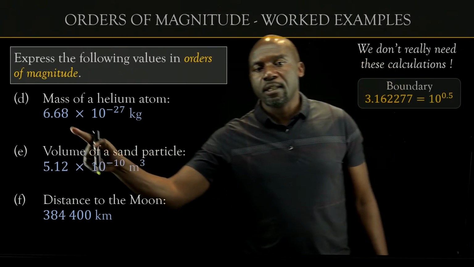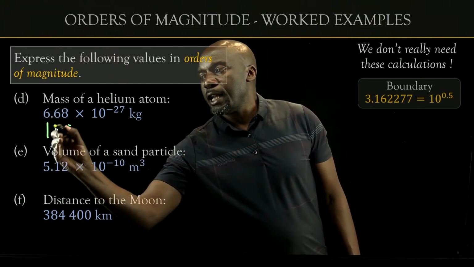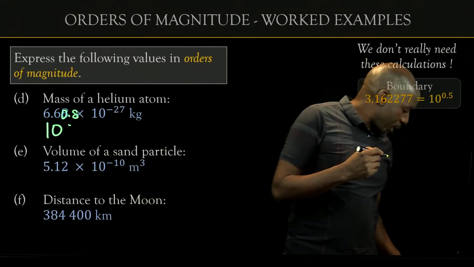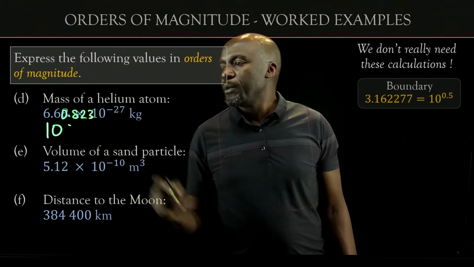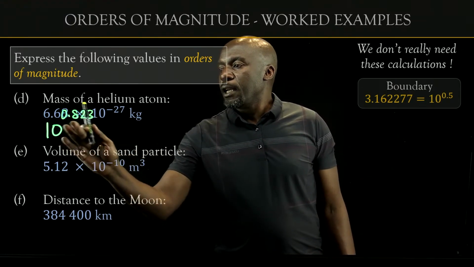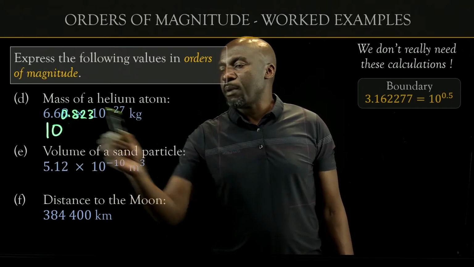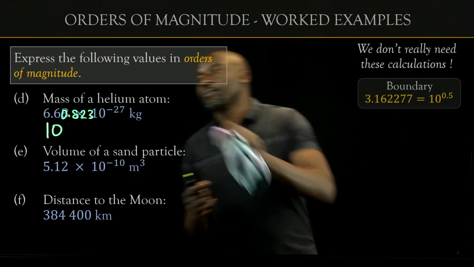0.824, it means that this thing here is going to be 10 to the power of 0.824723. Okay, so clearly this is going to round to 10 to the power of 1. I think I wrote that poorly.